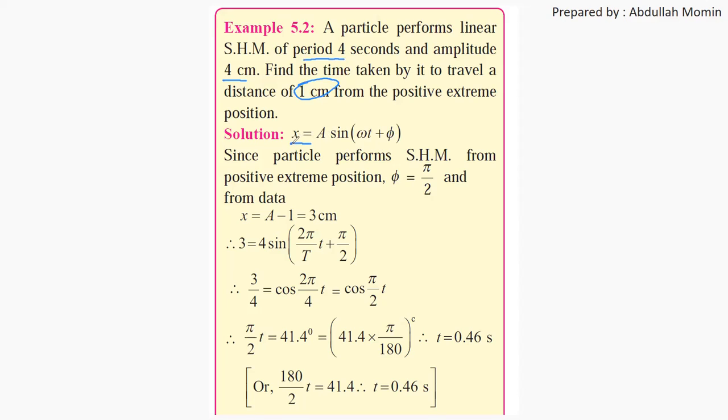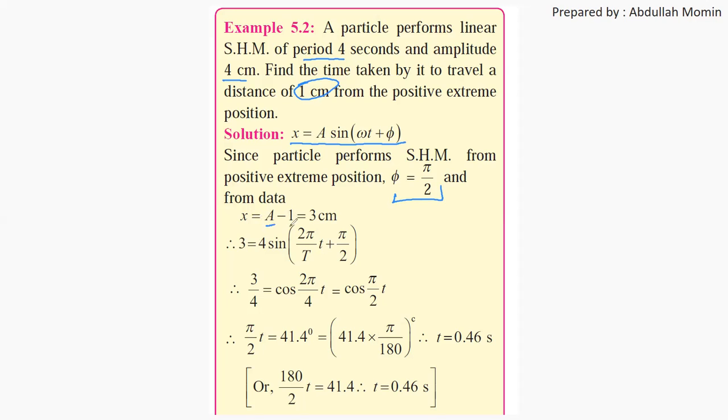So we have the equation of displacement of a particle. Since the particle performs SHM from the positive extreme position, its phase can be written as pi by 2, and its amplitude is 4 centimeter.